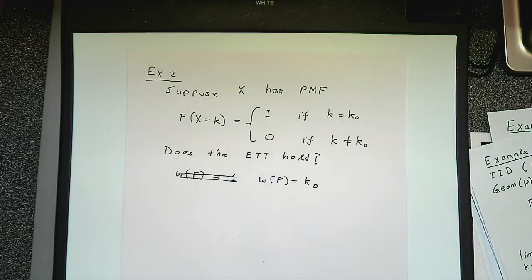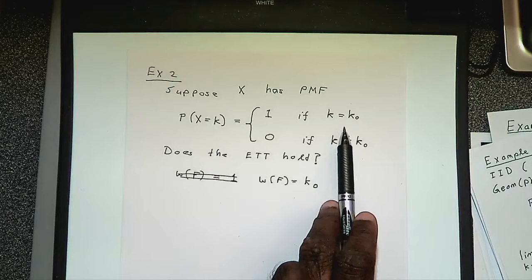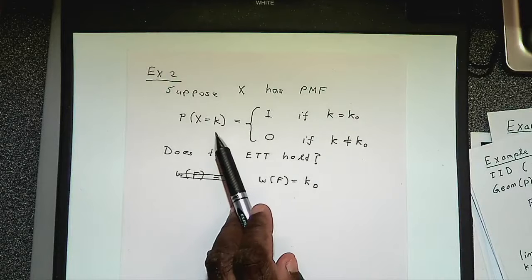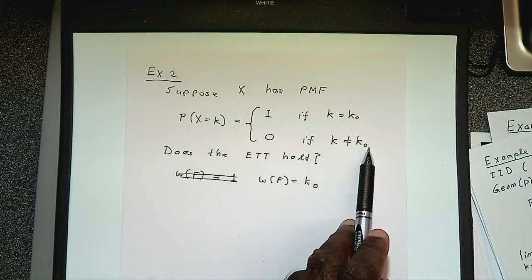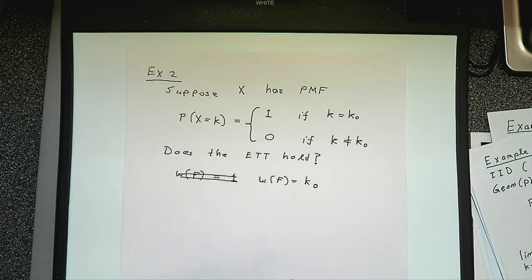Because it's k0. Yeah, you're right, Veronica. The only value that the variable can take is k0, and it's undefined everywhere else, right? So it's k0.